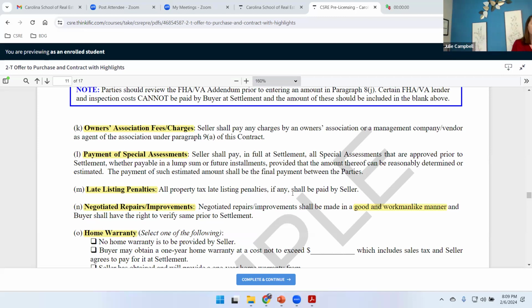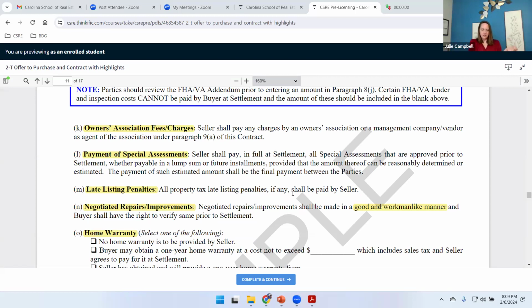Some owners associations may do a special assessment for new roofs for the condominium complex, but they may not require one lump sum. They may break it down into payments, so many payments throughout the year. Either way, if it's been approved prior to settlement, then the seller is going to be responsible for paying that.